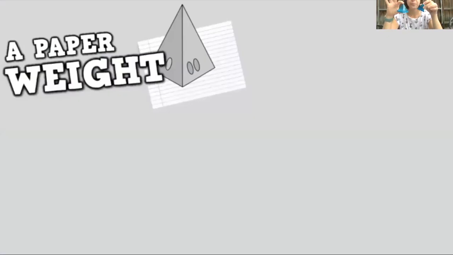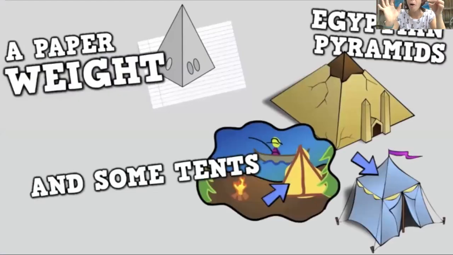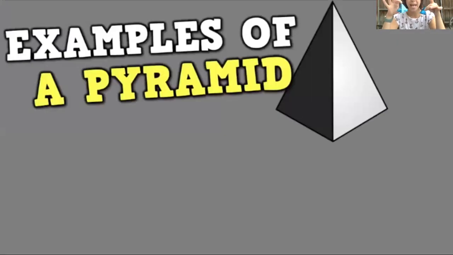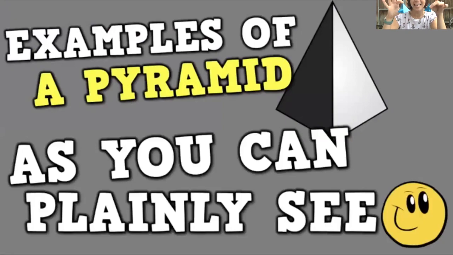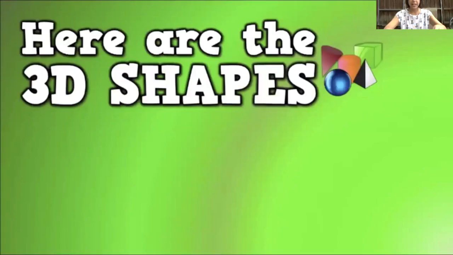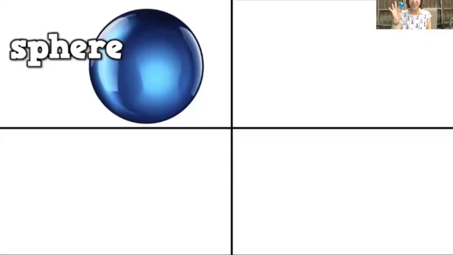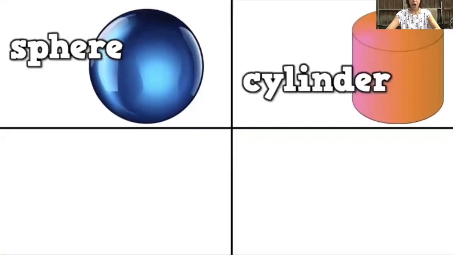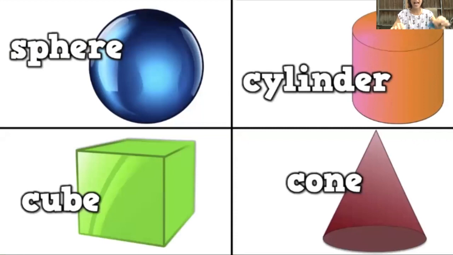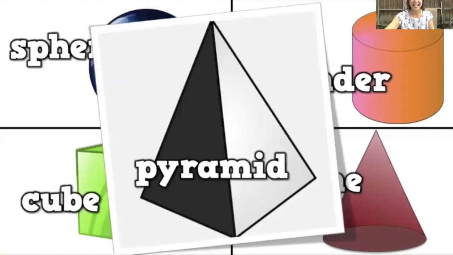A paperweight, Egyptian pyramids, and some tents would be examples of a pyramid, as you can plainly see. Here are the 3D shapes that I know. A sphere, a cylinder, a cube, and a cone.